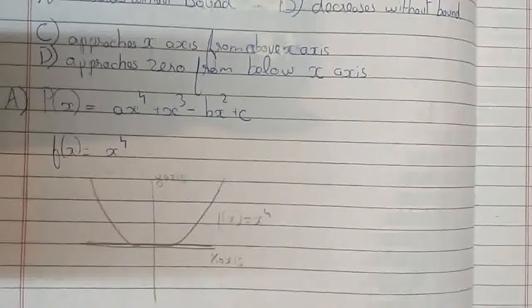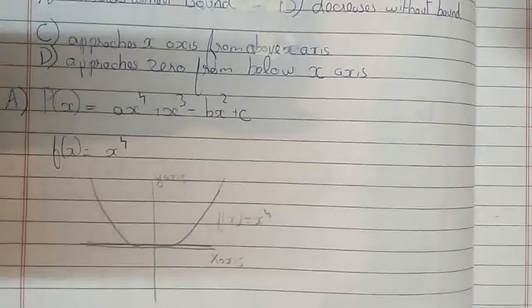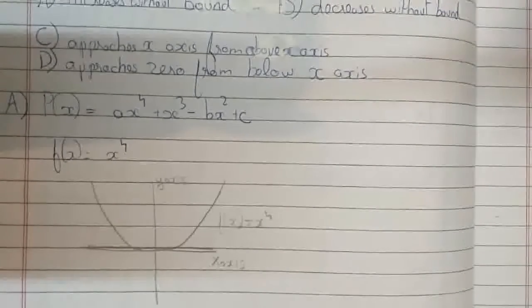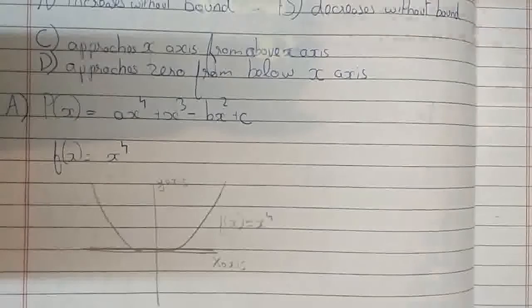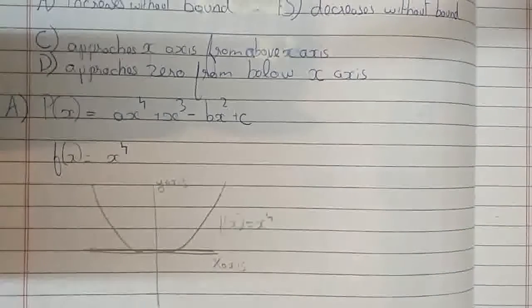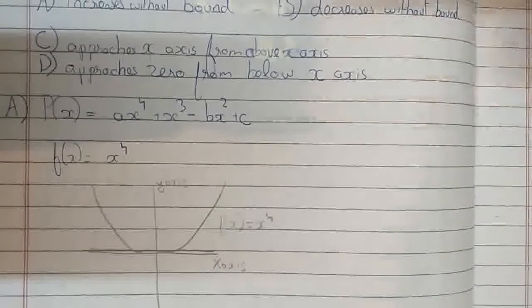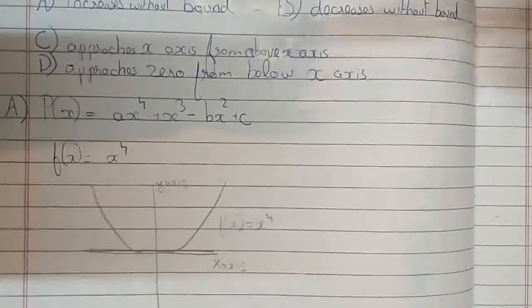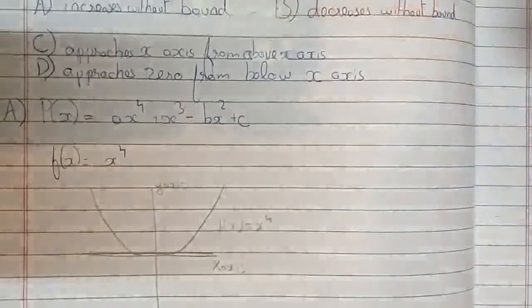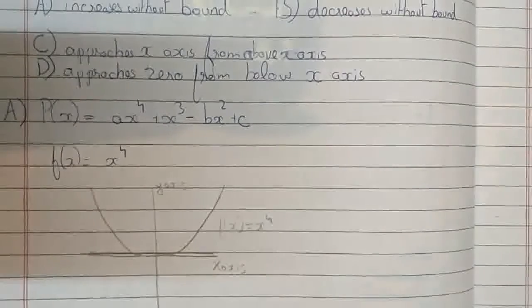This is because polynomials with even powers such as degree 2, 4 and 6 will increase even if x is negative. As you might already know, a square of a negative number is still positive. Similarly, power 4 of a negative number is still positive.